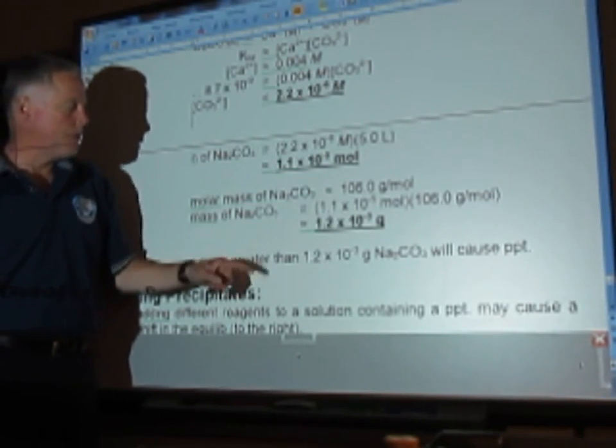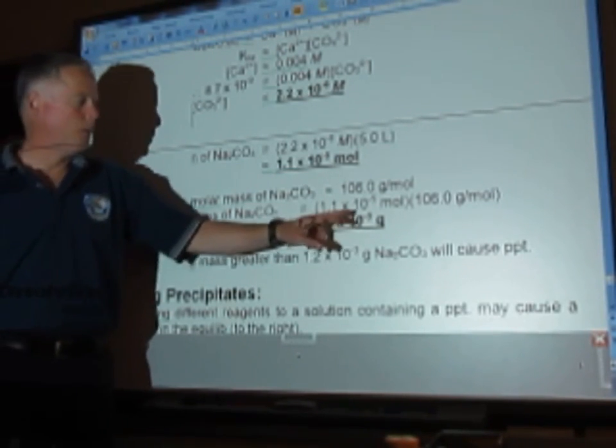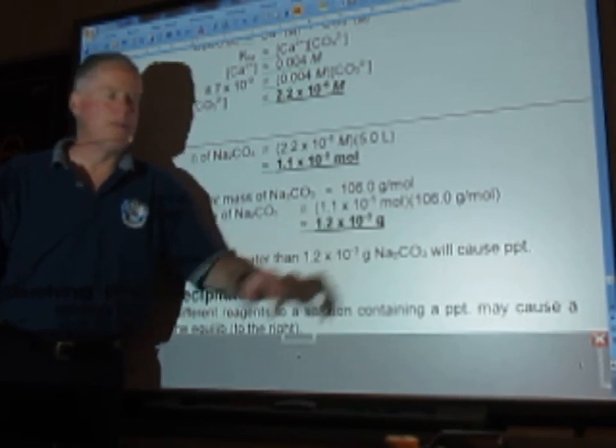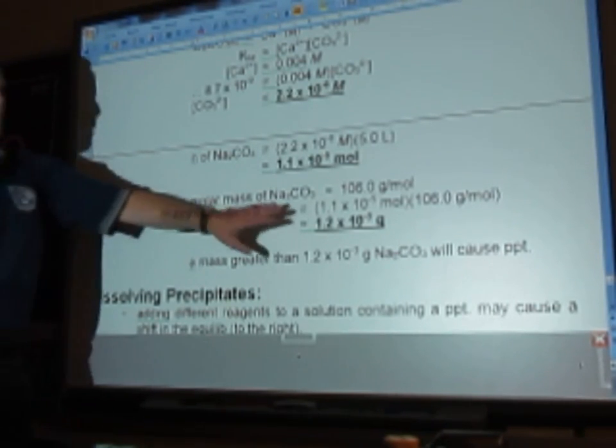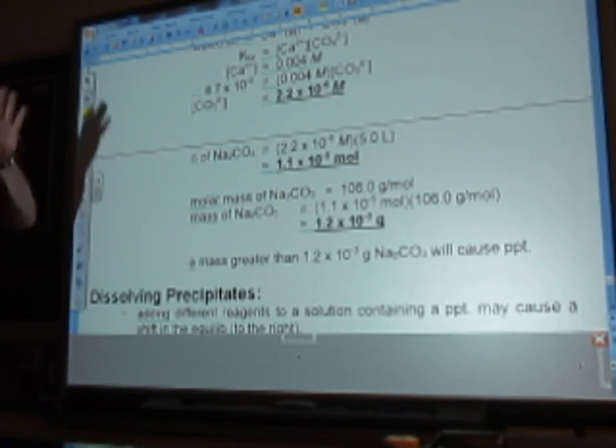Now I know how many moles I've got, so the mass is equal to the number of moles times the molar mass. So that's the total mass of sodium carbonate I can add to that 5-liter container without causing precipitation.